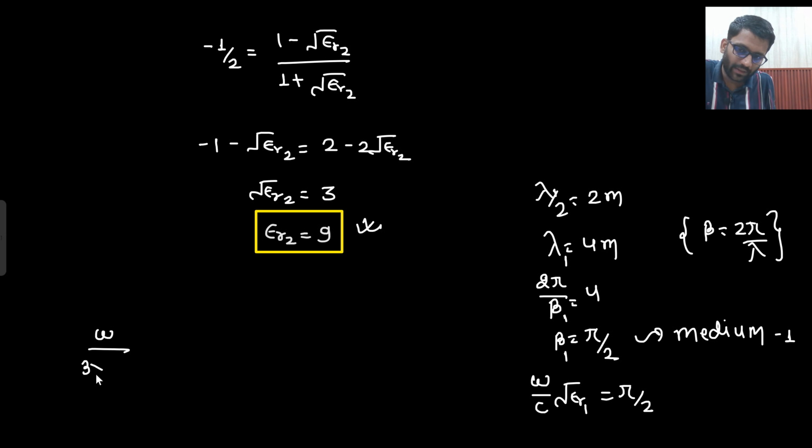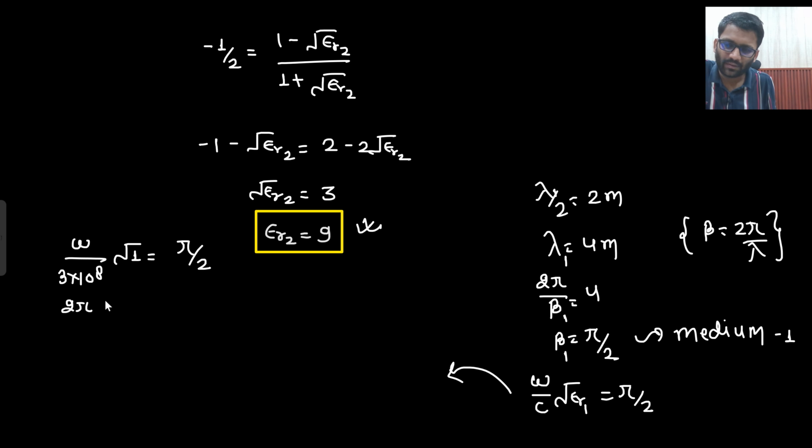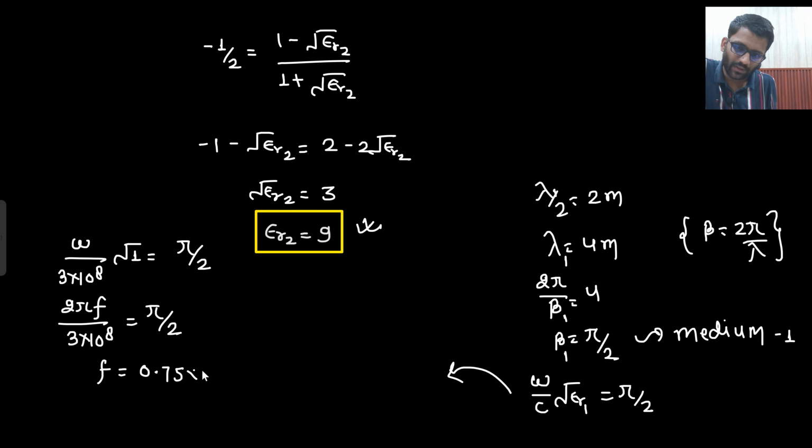So omega divided by 3 into 10 to the power 8 times under root 1 equals pi by 2. 2 pi f equals pi by 2 times 3 into 10 to the power 8, so f equals 3 by 4 into 10 to the power 8.